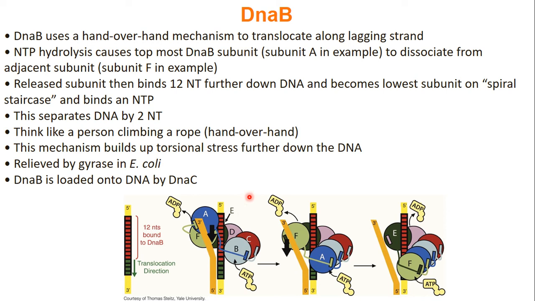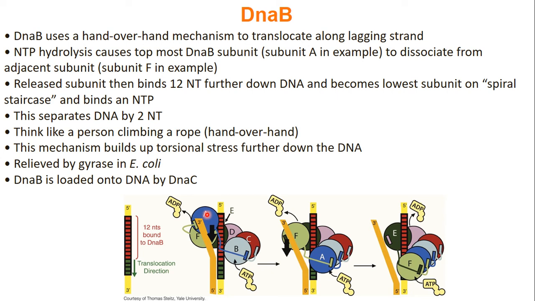And the way that we're going to separate DNA is what's called a hand-over-hand method. So we have hydrolysis of an NTP. Here we're having it represented as ATP, but it can be any NTP. When we have hydrolysis at our topmost subunit, which is A here, A is going to dissociate from its neighbor. Here its neighbor is F.